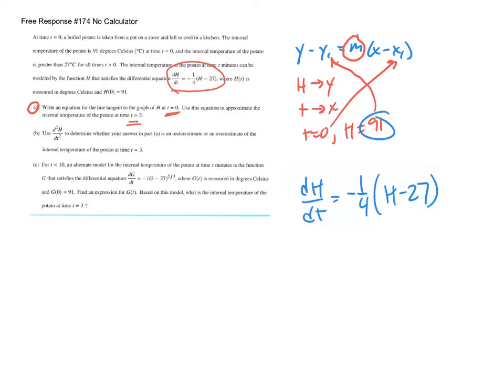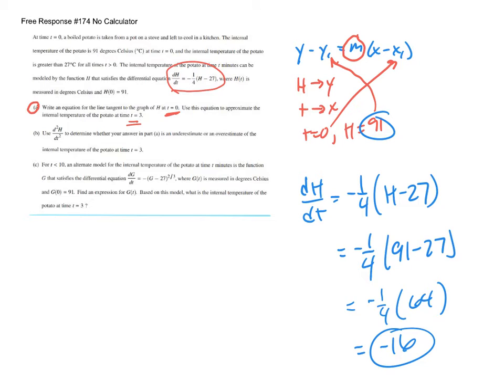Well, we said h was 91, so we're going to plug that in. So we do negative 1/4 times 91 minus 27. And 91 minus 27 is 64, so this is negative 1/4 times 64. 64 divided by 4 is 16, so the slope is negative 16.